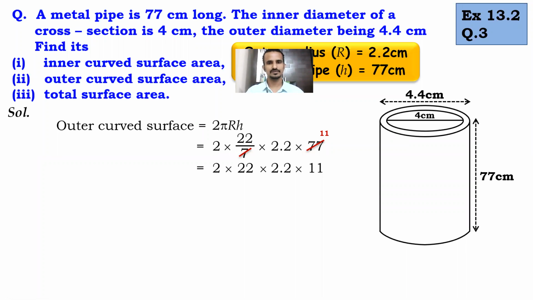Just do this calculation. The answer will be in decimal, obviously, because we are multiplying it by 2.2. Okay, I'm waiting for your answers.